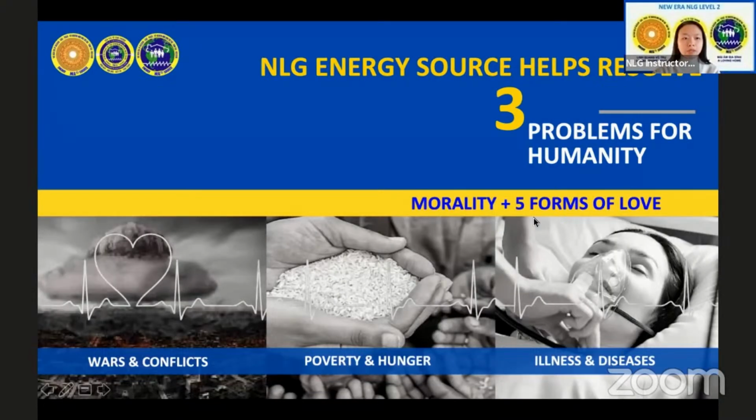As we can see here, we have already talked about the need to maintain and practice the 5 forms of love and morality in order to tackle these problems. Remember that even when you're activated, even when you have this energy to apply, if for some reason you decide that you don't want to practice love and morality anymore, then of course it won't work.